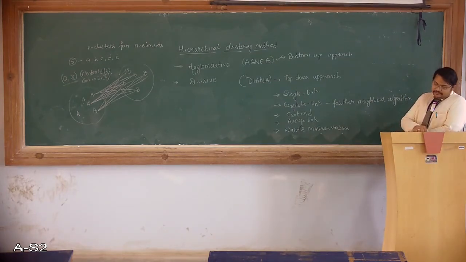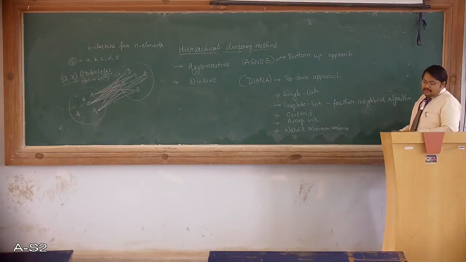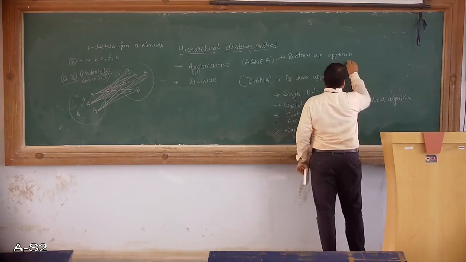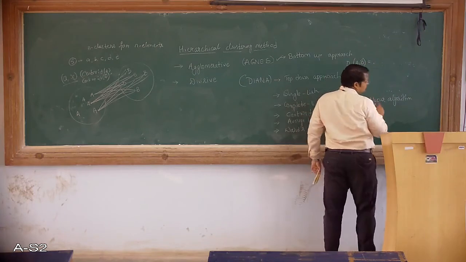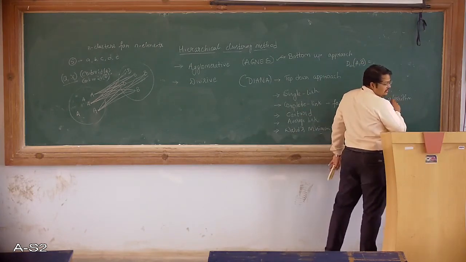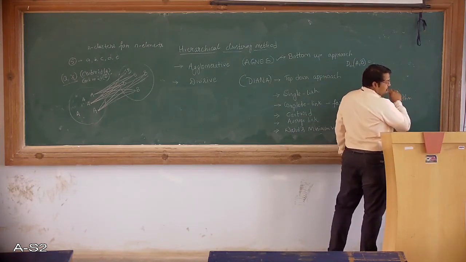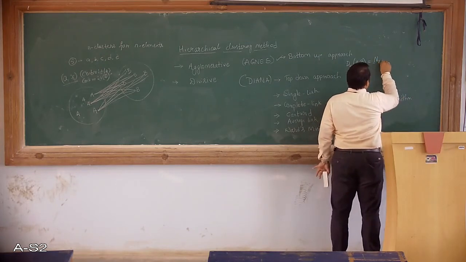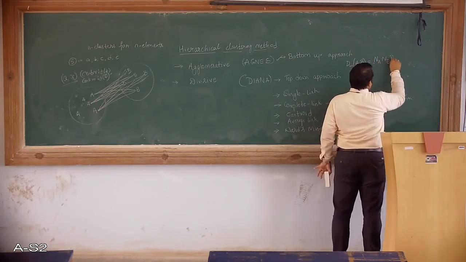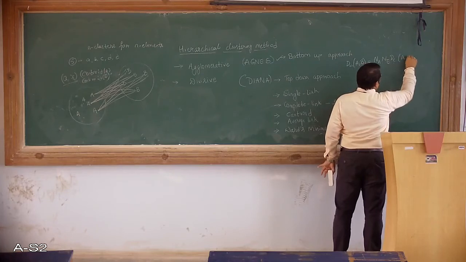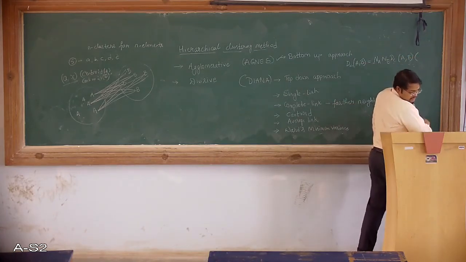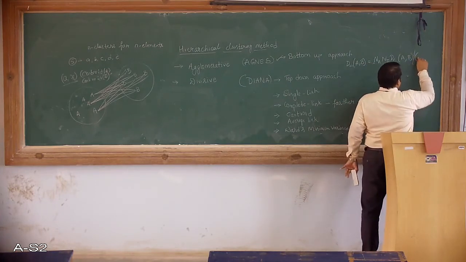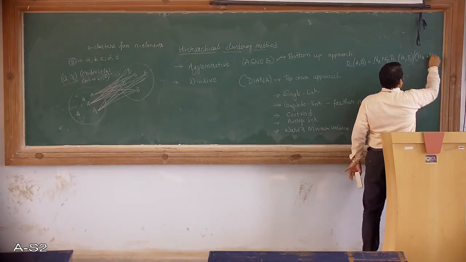Ward's minimum variance is given by dw of A comma B equals NA NB DC of A comma B, divided by NA plus NB.